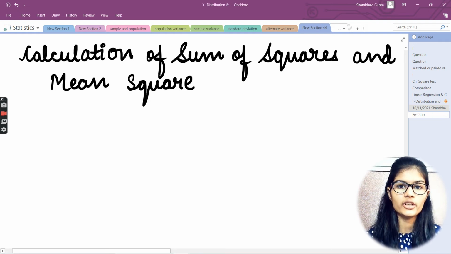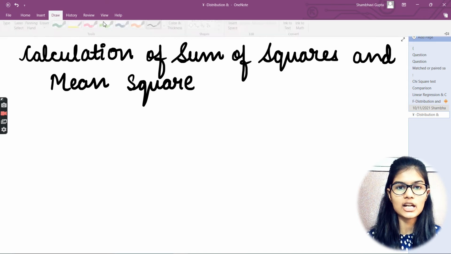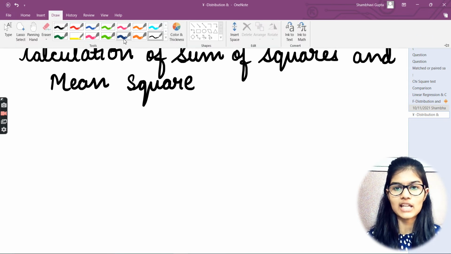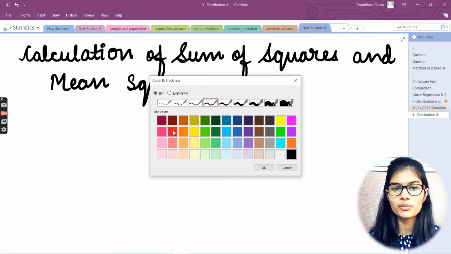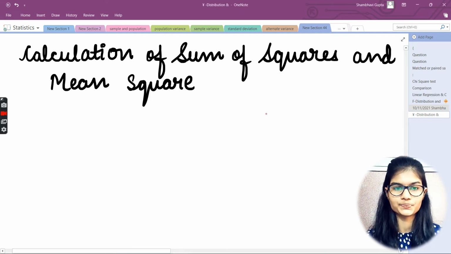Okay, so this is what we are going to discuss. We'll be seeing how we do the calculation for the sum of squares and even for the mean of squares. So what's the procedure that we need to follow? All those things we'll be seeing here, right?